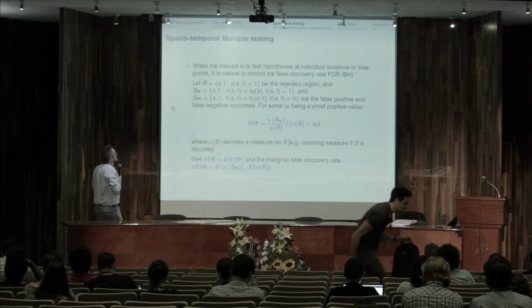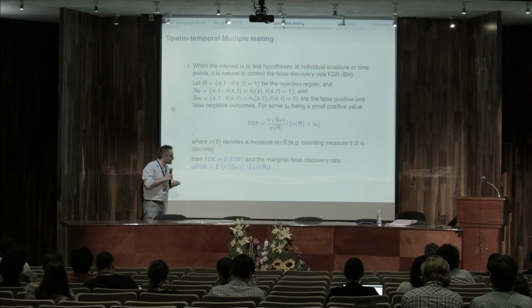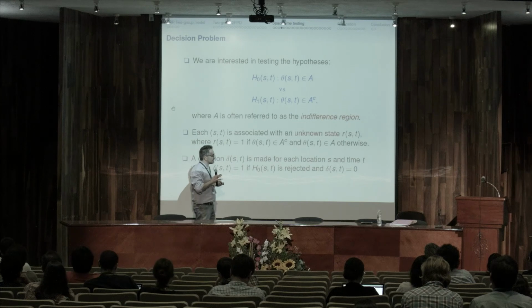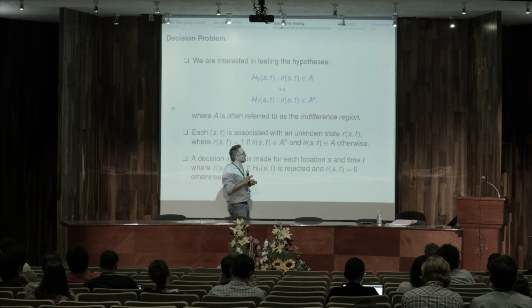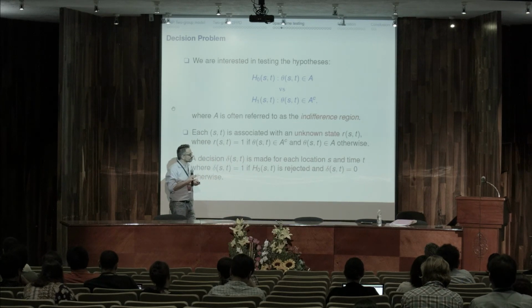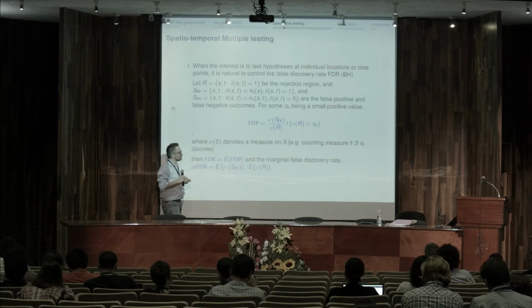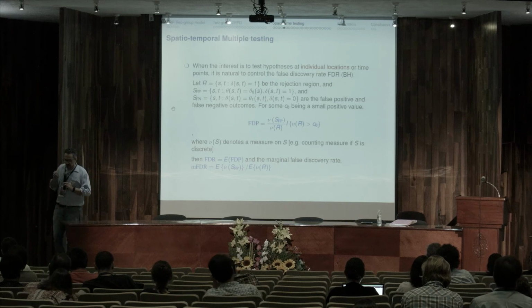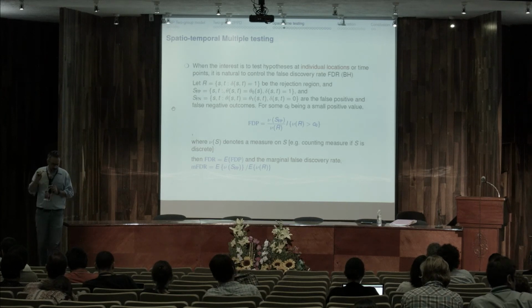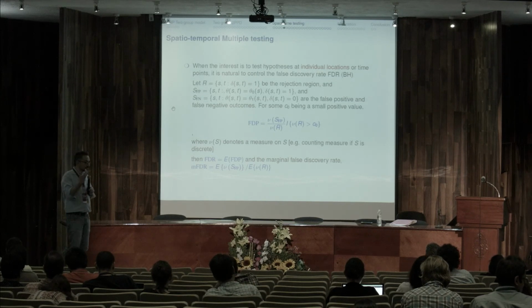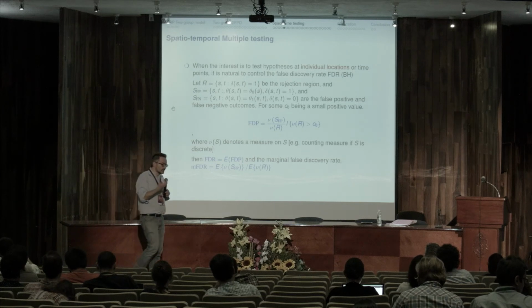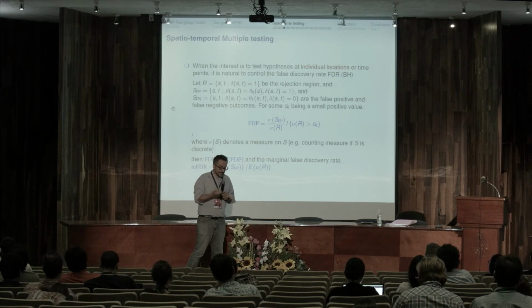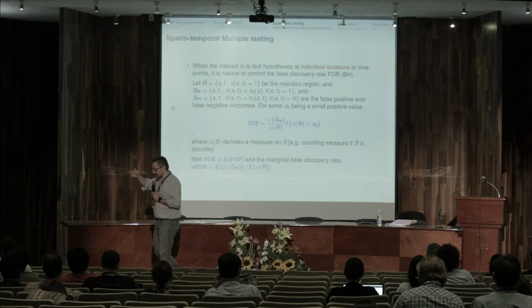So the type of decision that we have to make and the type of problems that we have to assess can be somehow tricky to work with. In particular, I would like to point out two possible ways in which an idea of false discovery can arise in the spatio-temporal literature.